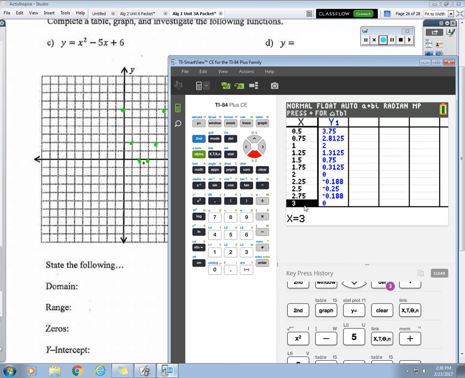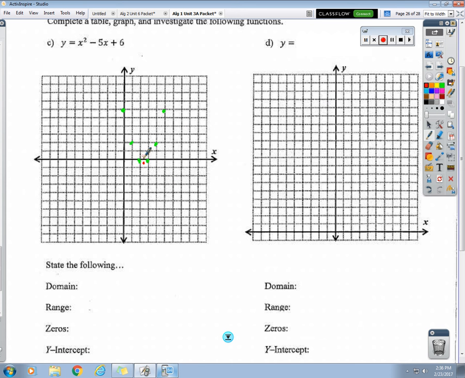And there's 3, 0, which I already plotted. But then there's 3 coordinates in between them. Isn't 2.5 down 0.25 the lowest point? So, and think about it. Doesn't that, where I put that red, look exactly over 2.5 and then down a quarter? So that's your vertex. The reason it didn't show up on your table, though, is because your table normally jumps by whole numbers. You have to change it to jump by decimals if you want to.